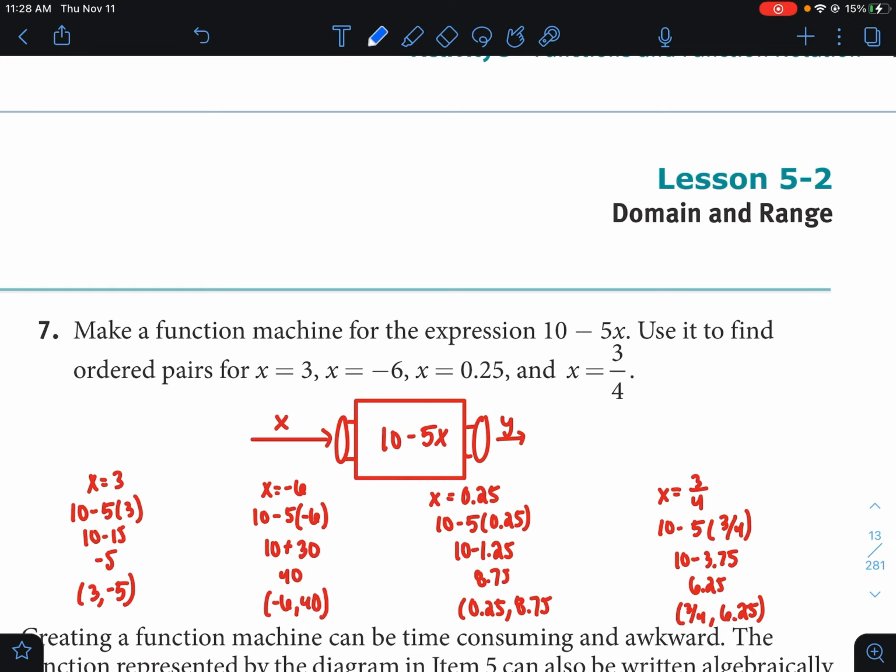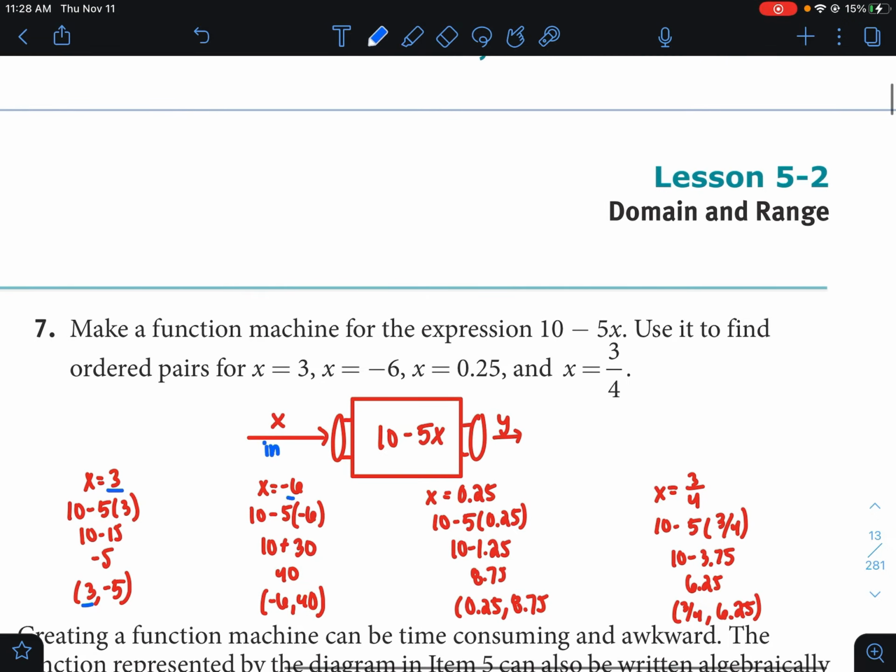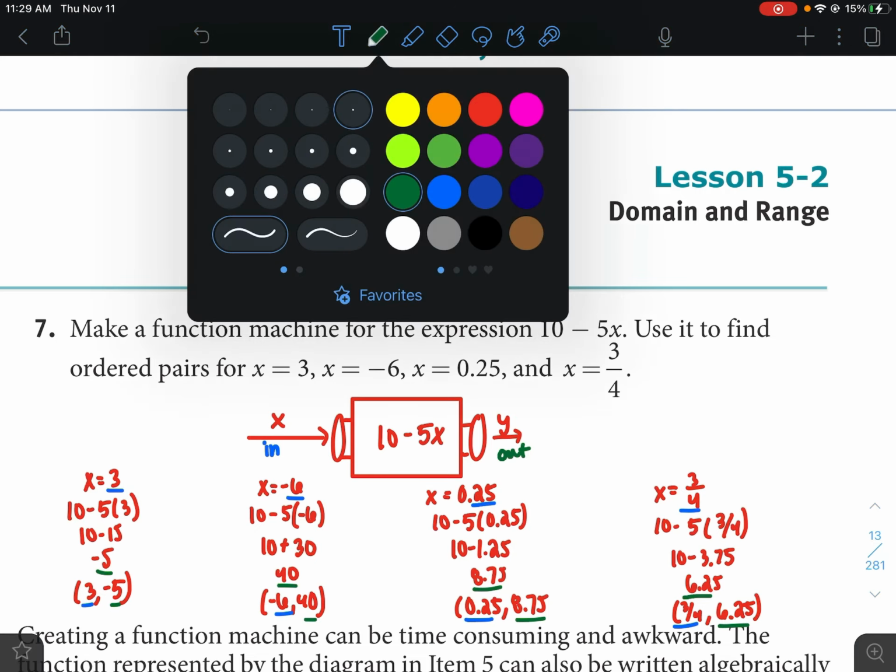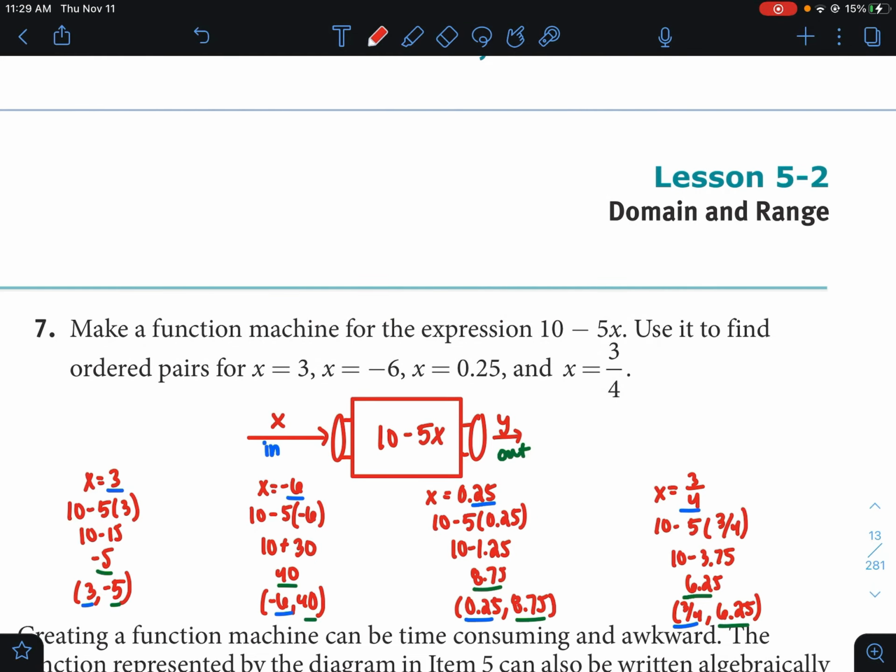So again, we have to put input first, which is your x values. We have to solve to get our output values. All right, and that's what we solved for. And we write our final ordered pairs as x and y combinations. Forgot a parentheses there. Okay, so there you go, right?